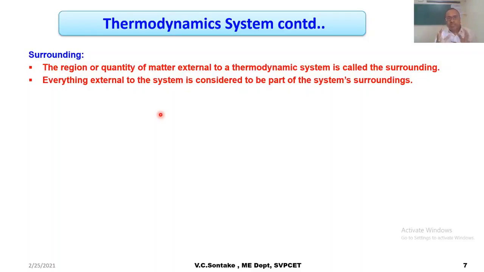So that 2 kg of mass will be the thermodynamic system, and the remaining mass will be the surrounding for the system which I have selected for some thermodynamic study. So anything, whether it is a quantity of matter or region in space, external to the system is called the surrounding of the system.